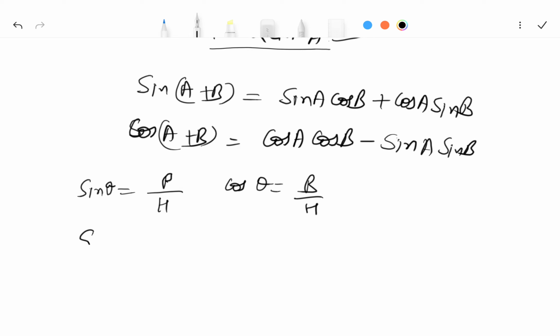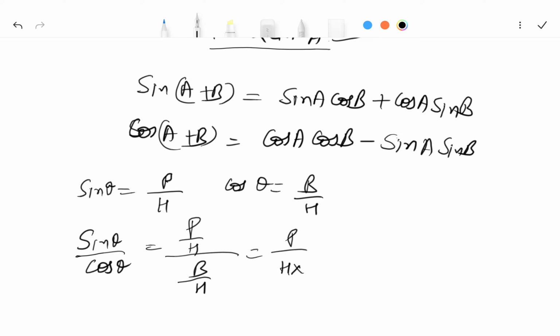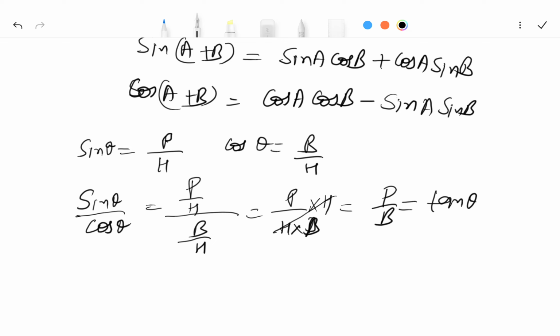If I divide sine theta by cos theta, then what I will get? P over H into H over B, ultimately I will get P over B. This is actually tan theta. So the same thing I have to use here. I will divide both sides.